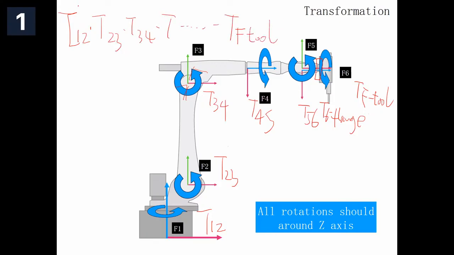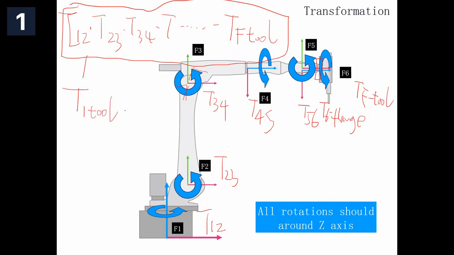We can get a final T1,2 transformation. So if we get this transformation, we can know the TCP, this tool position, just by multiplying them together.